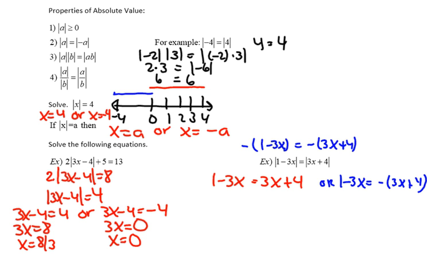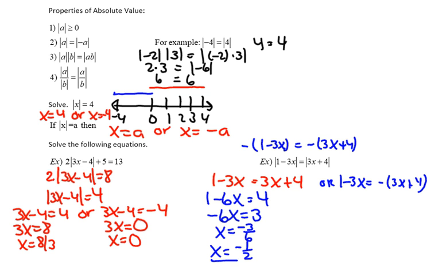But keep in mind now that I have to distribute the negative for that, but we'll come back to that momentarily. Okay, solving this equation here, I'm going to subtract the 3x, I will then subtract the 1. Then I'll divide both sides by -6, which again we can reduce to -1/2.